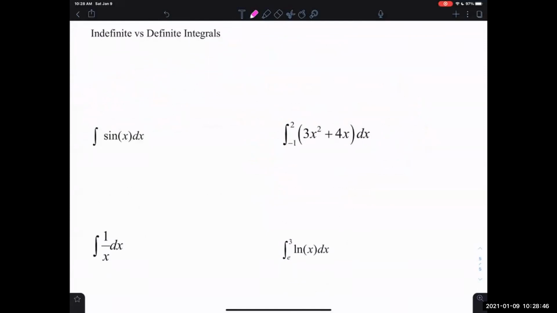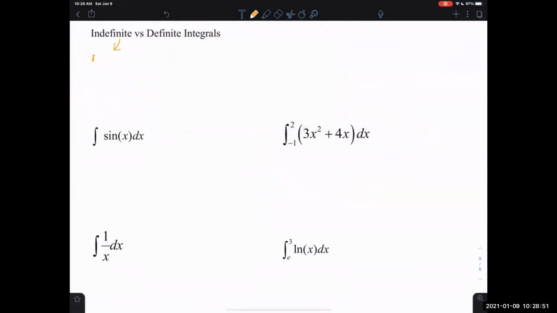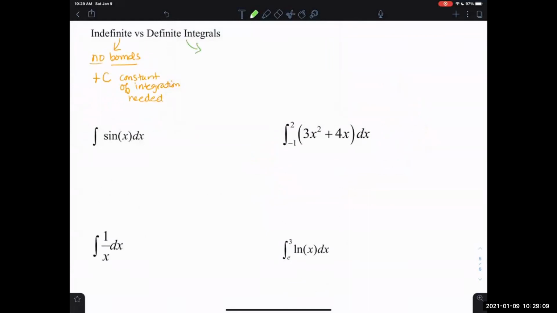So these are indefinite. As a refresher, we're talking about integrals with no bounds, right? So you need plus c, your constant of integration. And a definite integral has bounds, a lower and upper bound.